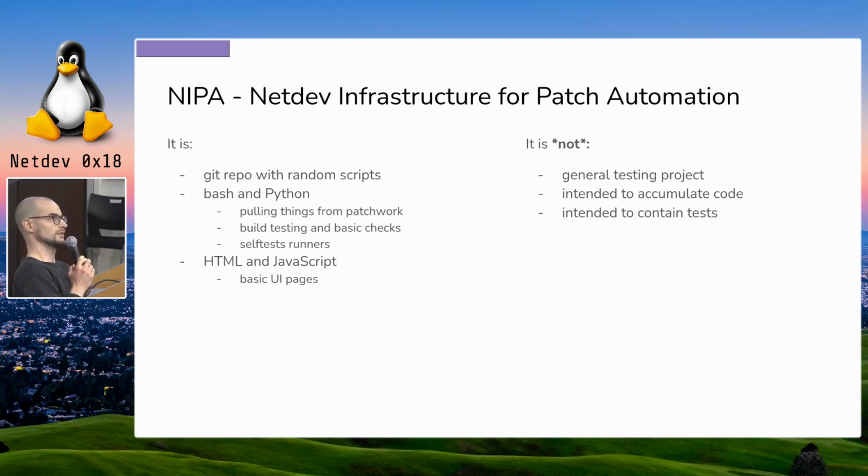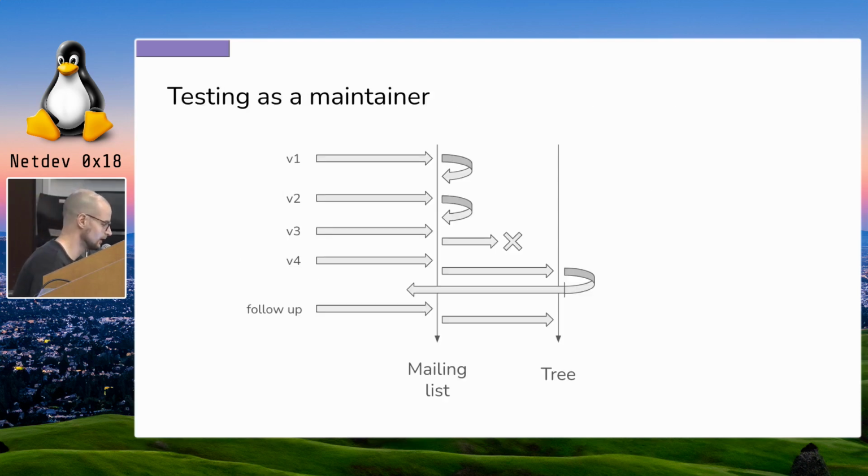There's no test inside NIPA itself, just a bunch of Python and Bash scripts which can hook into GitHub and Patchwork, pull out patches, build them, test them, and populate Patchwork again. All the tests and libraries that we use are either in the kernel tree, or things like IPRoute2, which lives outside, or Ethtool, which have their own Git repos. Inside NIPA, it's just a bunch of scripts and a bit of UI, or HTML.